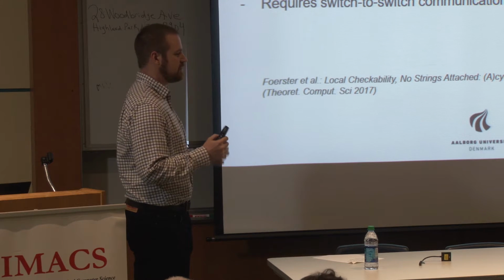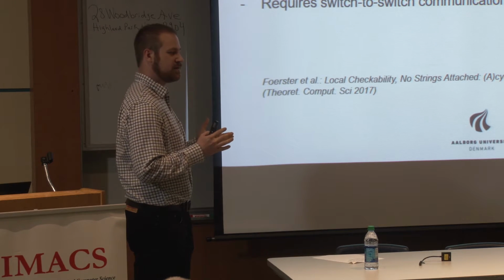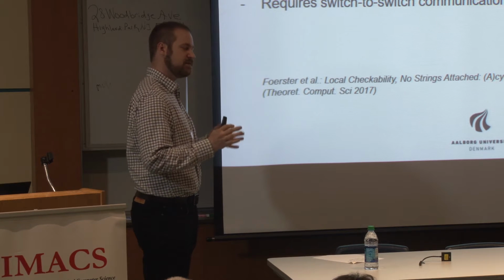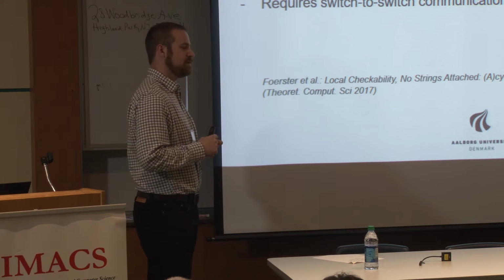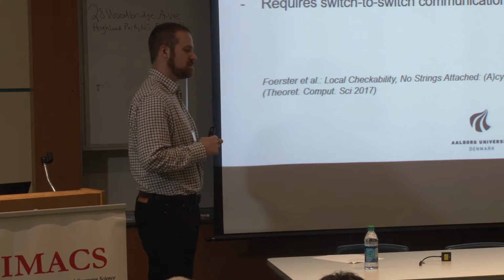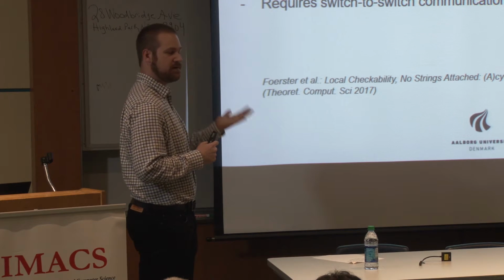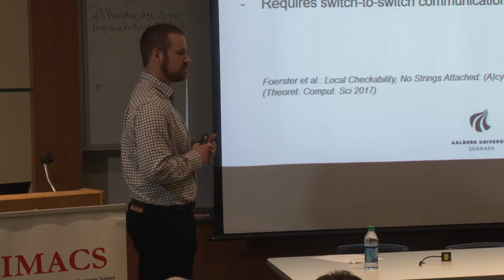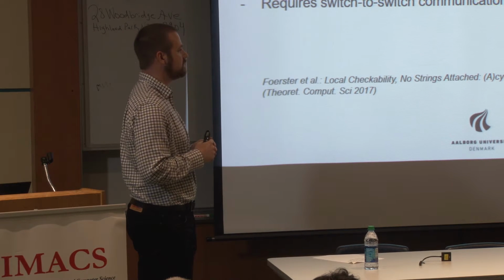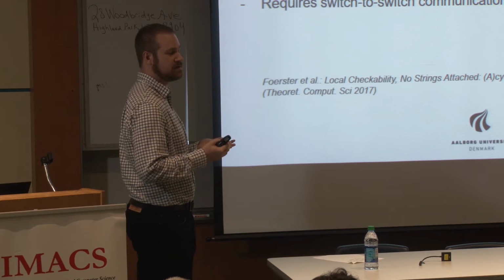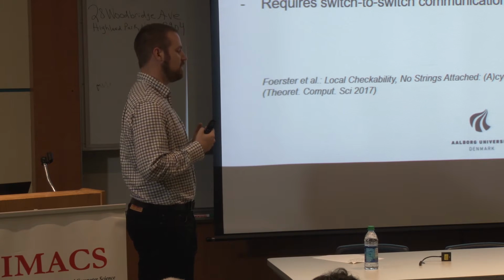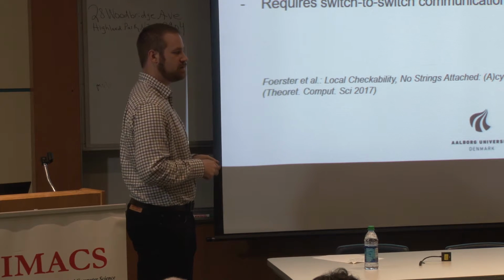So the centralized controller needs to obtain the state of the network and then push out to the switches just who their new parent is in the new routing. Then the individual node waits until this parent says, hey, I updated, and then they can update too.